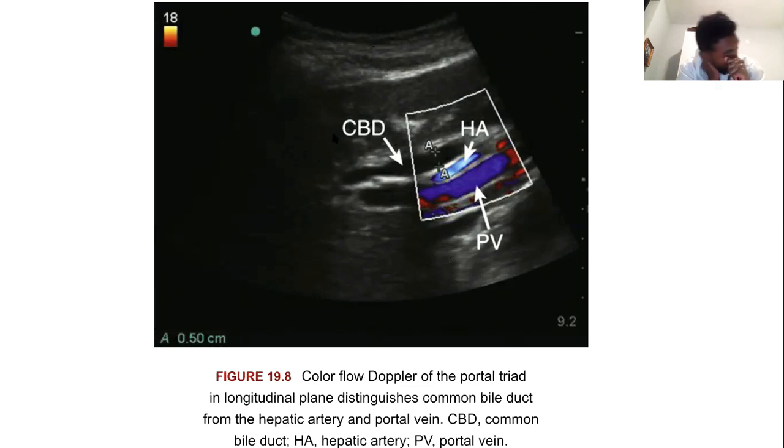That's why in this case, the portal blood flow comes up as a higher frequency. And whatever color is up here, this is indicating flow towards the transducer, or the higher frequency. So whatever color is on top indicates flow towards the transducer.